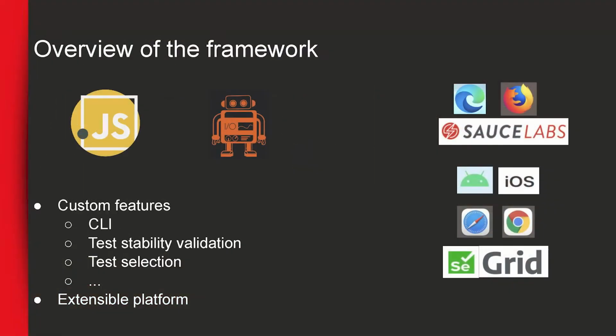So to give you a high level overview of our framework, it's based on JavaScript. It uses WebDriverio. It supports test runs in multiple desktop and mobile browsers. It has integration with Sauce Labs, and we have Selenium grids and other infrastructure set up internally.